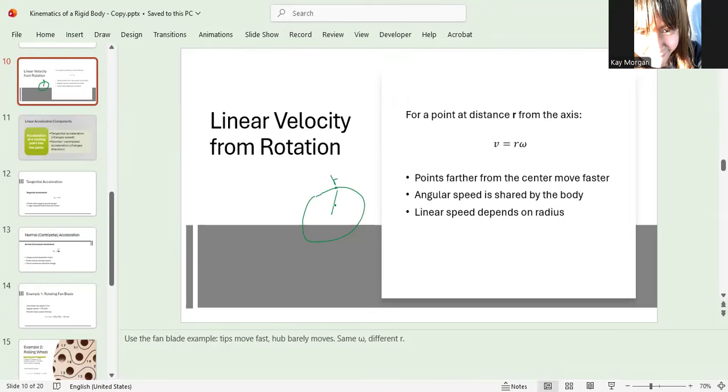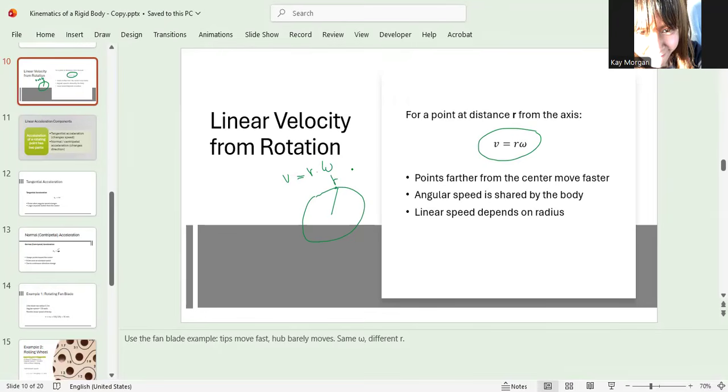The linear velocity of that point is given by V equals R times omega. So now we think about the linear velocity, which is this, and that velocity amount is this distance times your angular velocity.